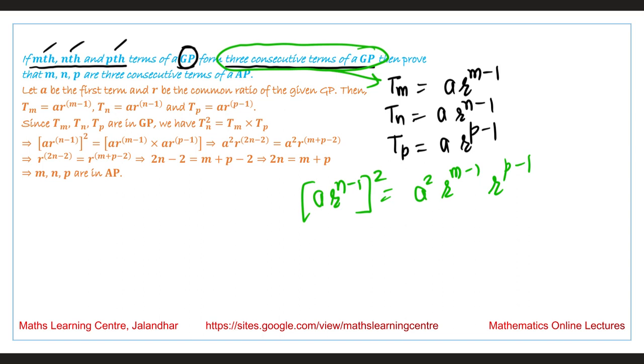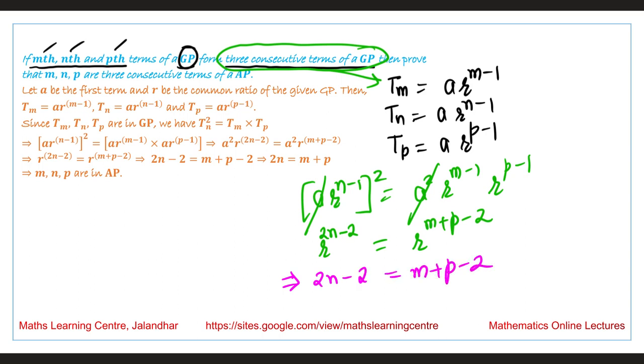So a is not equal to 0, so this a gets cancelled, and what we obtain is that r^{2n-2} is equal to r^{m+p-2}. So this implies, since r is not equal to 0, that 2n - 2 = m + p - 2.